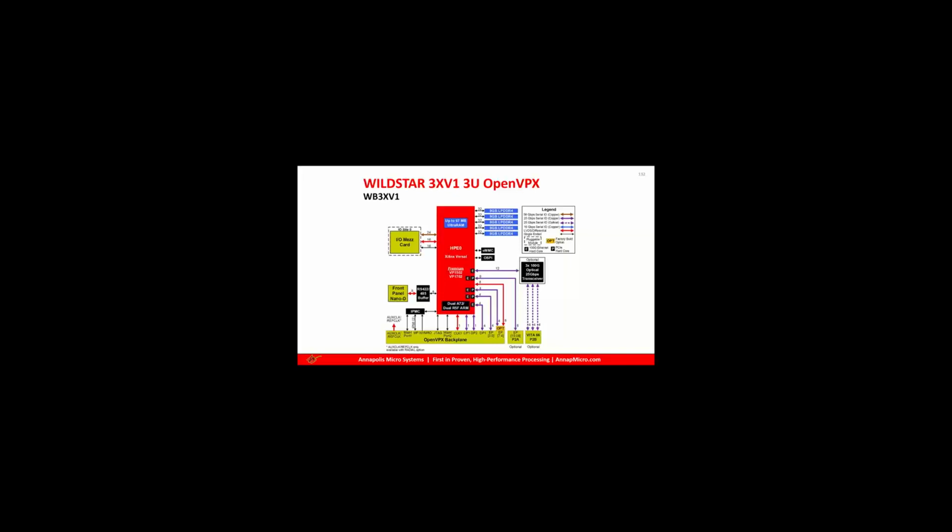So if there's more RF that you wanted to digitize, like put that 64 gigasample per second converter on here, you could do that. Or you could have more optical I/O if your system needs even more optics, more optical fiber I/O than that.